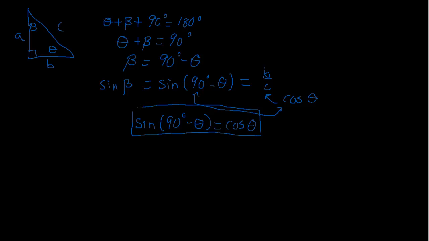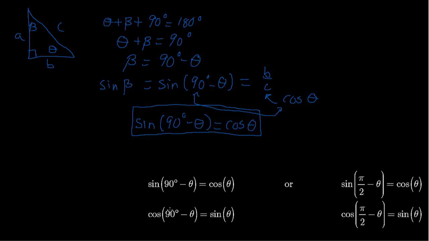In a similar manner, we can prove the other identities. Cosine 90 minus theta is the same thing as the sine of theta, and I could also state these in terms of radians. Sine of pi over 2 minus theta is the same as cosine theta, and the cosine of pi over 2 minus theta is the same thing as the sine of theta.